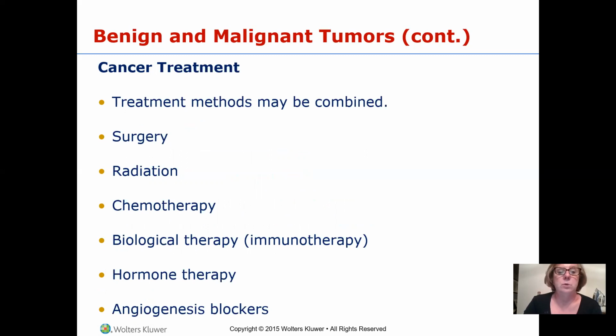And the treatment, of course, they combine some of these. They surgically remove the tumor, undergo radiation. Chemotherapy, of course, is a regimen of drugs. Immunotherapy is one that is actually looking at the immune system, trying to fight it. Hormone therapy, primarily used for breast tumors, and then angiogenesis.